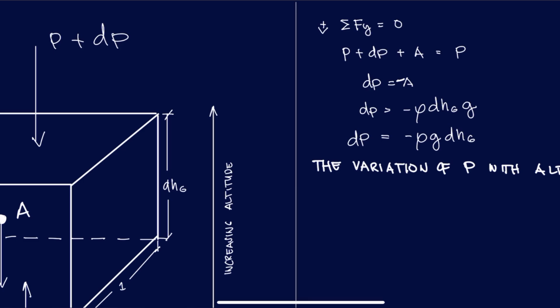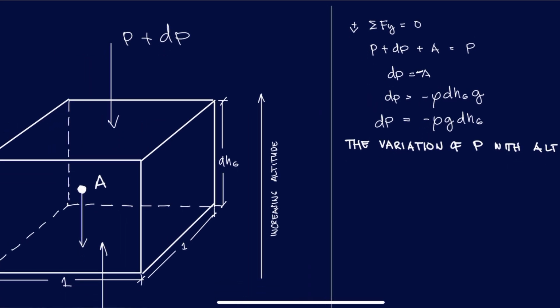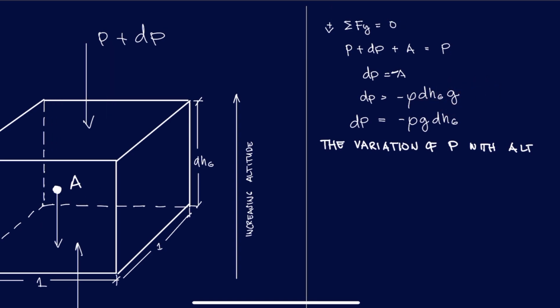Substituting A as the density of the column of air times the change in height times gravity, the change in pressure is equal to a negative sign multiplied by the density of the column of air times gravity times the change in height.